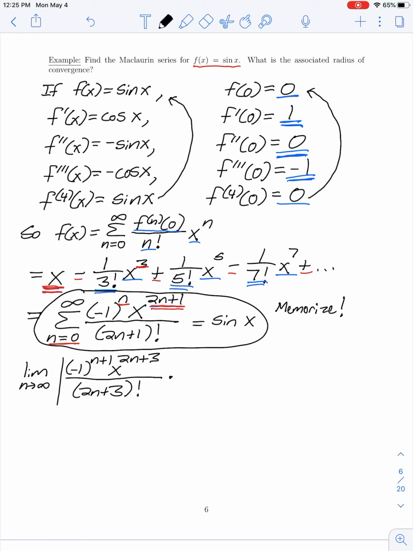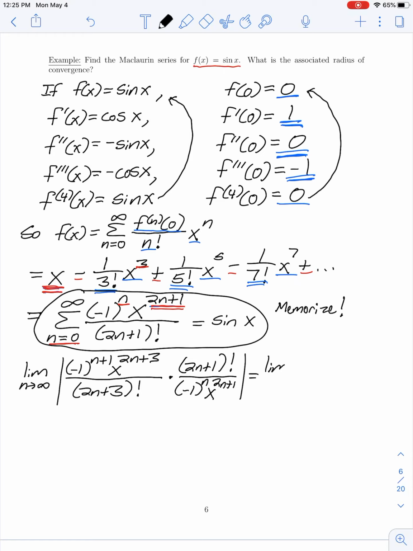And then we divide by the nth term, but since it's a fraction, that is equivalent to multiplying by its reciprocal. 2n plus 1 factorial over negative 1 to the nth times x to the 2n plus 1.